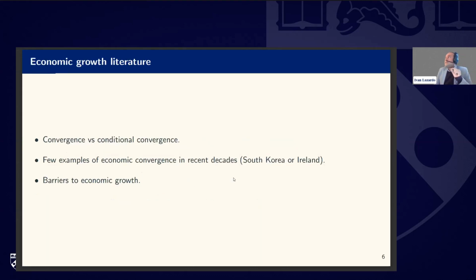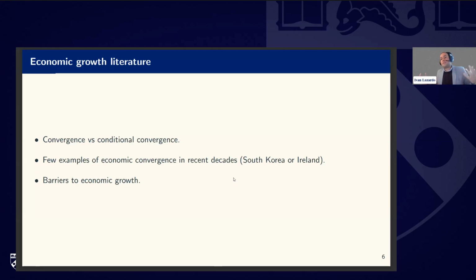I think that this period is not just relevant for economic historians, but also for the literature in economics. We have a discussion in the literature about growth, about the drivers for convergence, or why some countries are able to converge, to close their income gaps relative to developed economies, and why that does not happen in most countries.